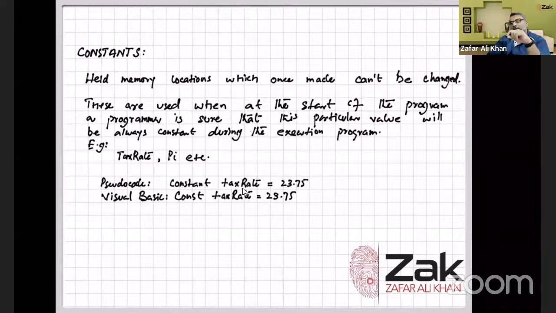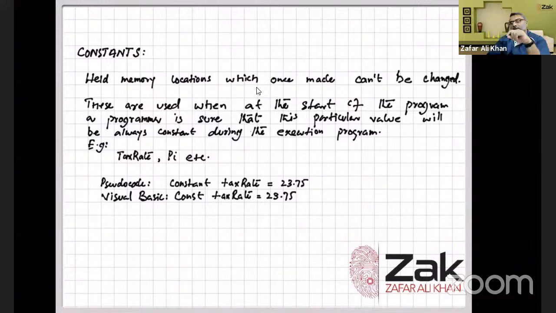So let's say this is tax rate, 23.75, and in Visual Basic, this is again the same. But in pseudocode, we use the whole word constant as a command. Constant tax rate is equal to 23.75, and in Visual Basic, it is just CONST, tax rate is equal to 23.75.